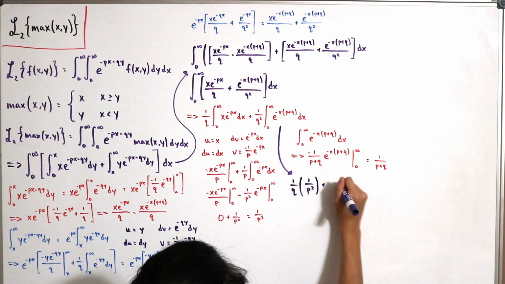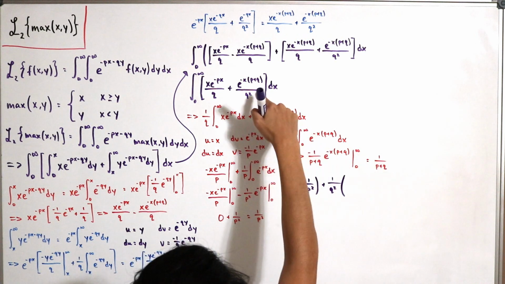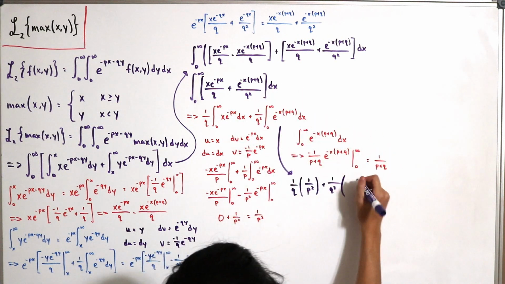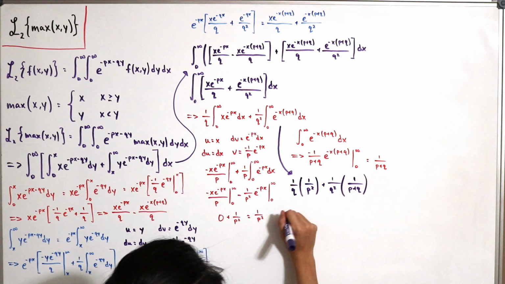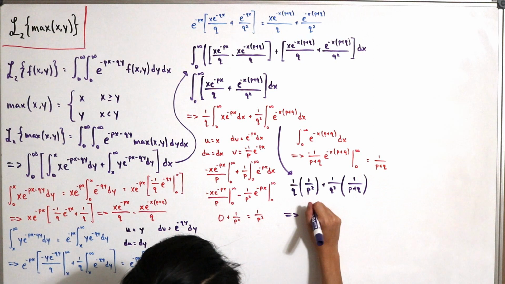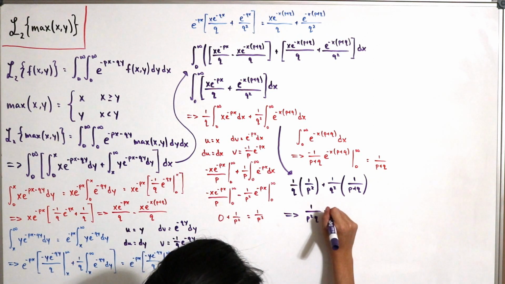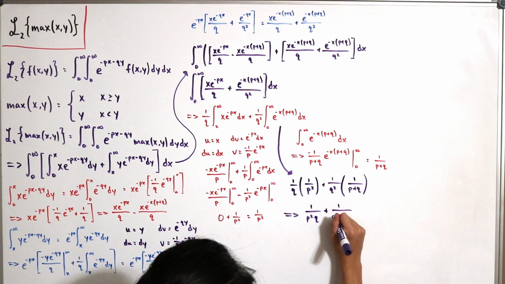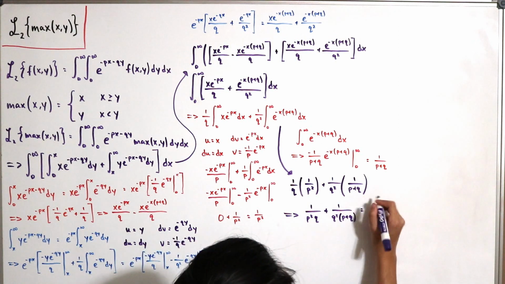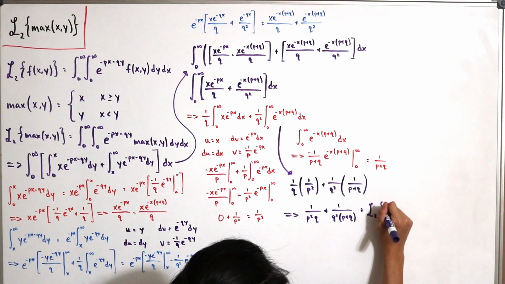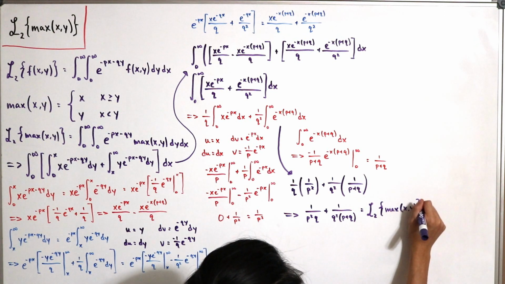Then plus 1 over q squared, and then replace this integral with our evaluated answer, so it's p plus q, and now just distribute everything back in. So the final answer is 1 divided by p squared times q, plus 1 divided by q squared multiplied by p plus q. And so that's just equal to the double Laplace transform of the max of x, y, like so.